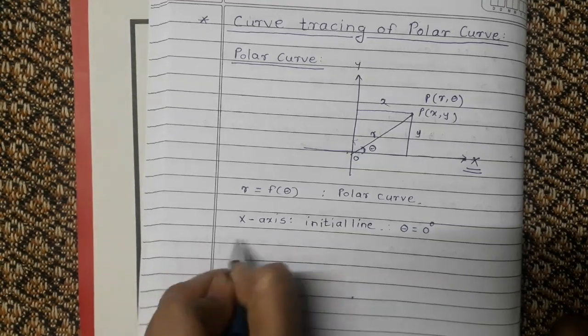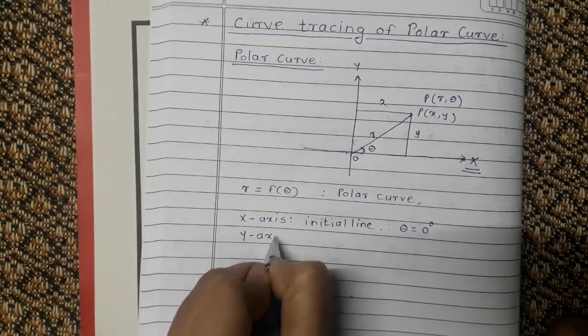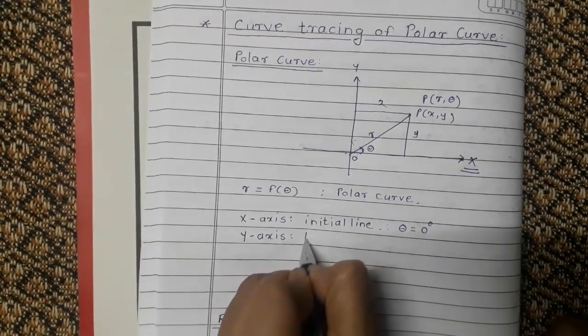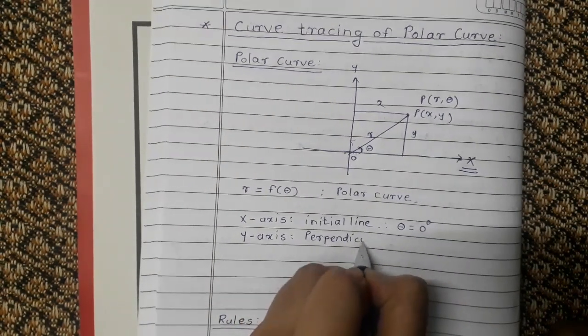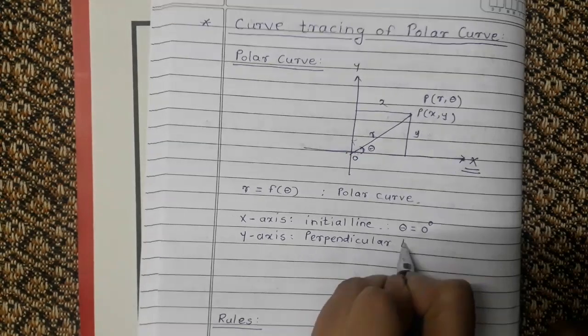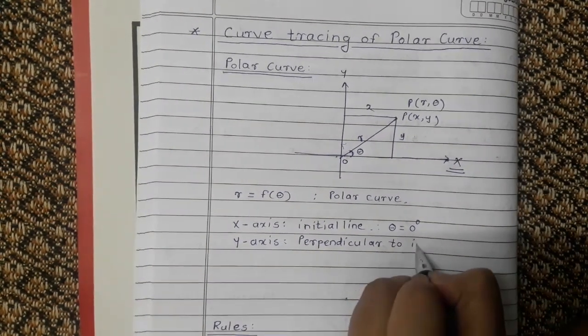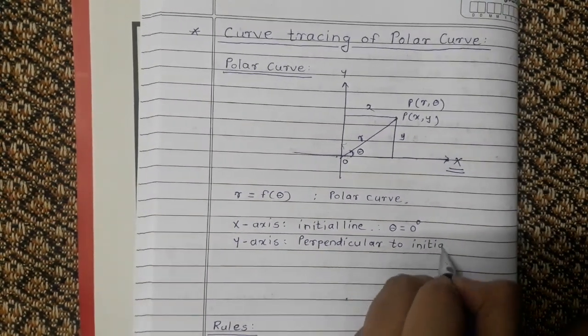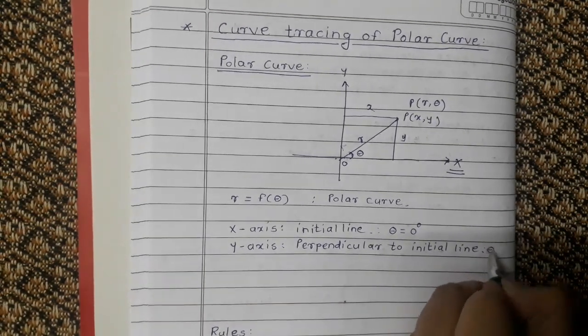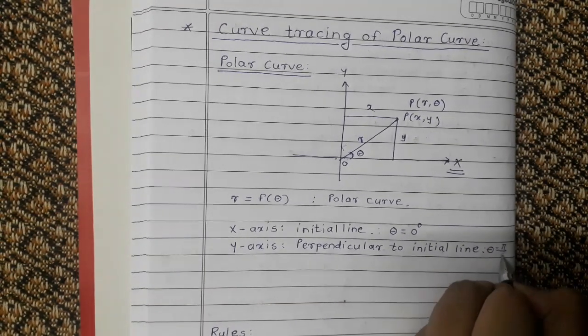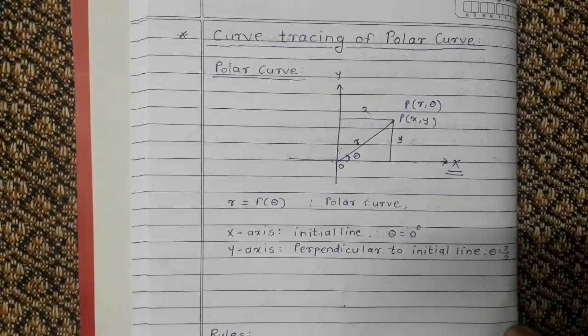So what is the y-axis? This is perpendicular to the initial line, right? So what is theta here? Equal to pi by 2, right?